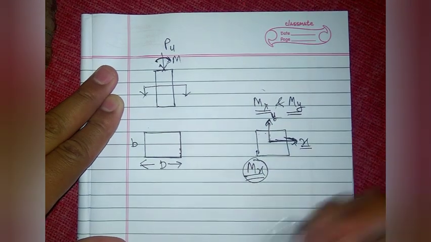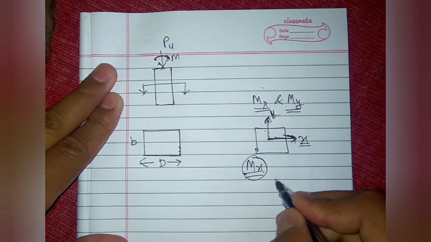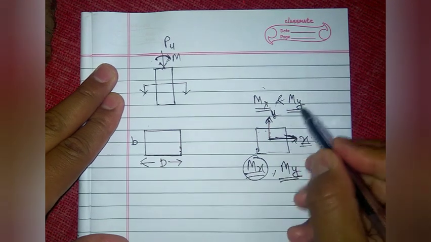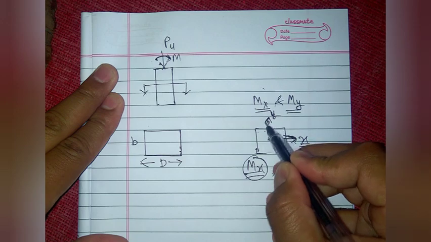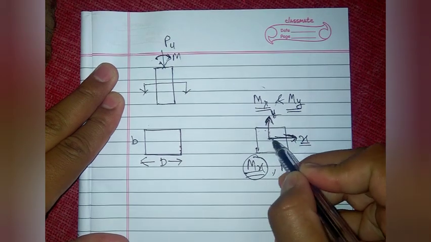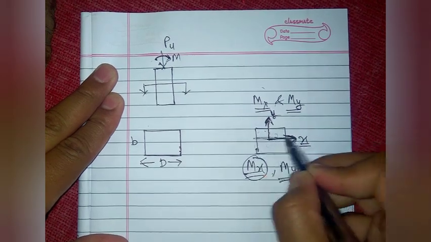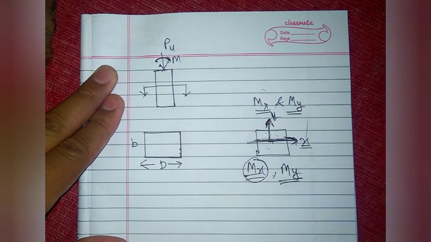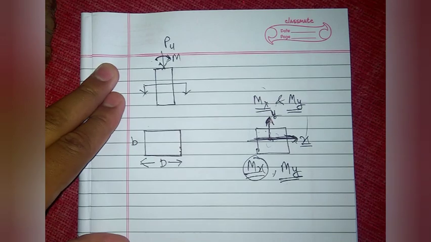And if we are talking about My, then this moment is acting along the y axis and it is acting about the x axis. This should be very clear while understanding the topic further.